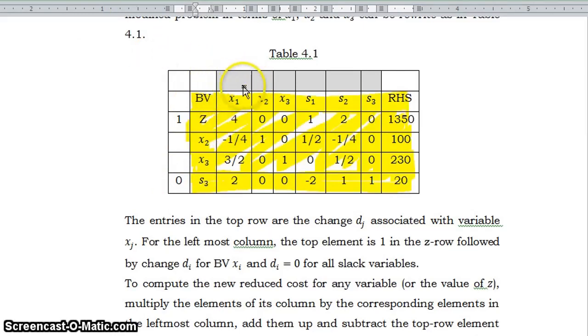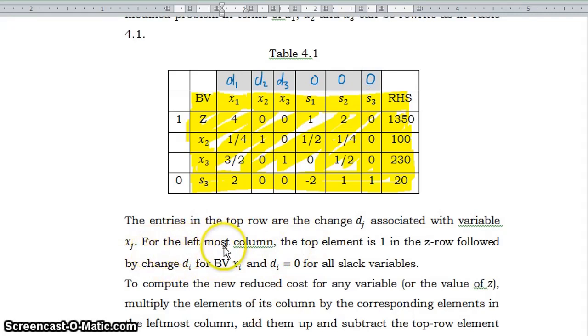Okay, now let's fill in the empty cells. The entries in the top row are the change dj associated with variable xj. So for x1, the change made is d1, d2 represents the change made to toy truck and d3 is the change made to the coefficient of x3, and no changes are made to the slack variables: 0, 0, 0.